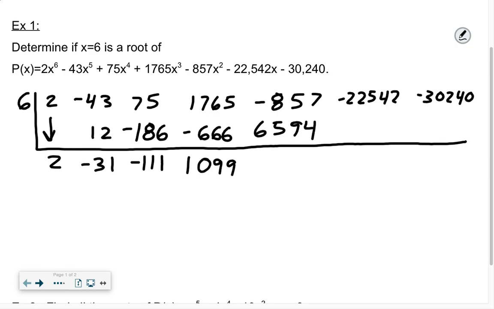Dylan? 5,737. Okay. Let's keep going. Next number, when we take it times 6. Peyton, did you get that one? 34,422. When we add those two, Montana?